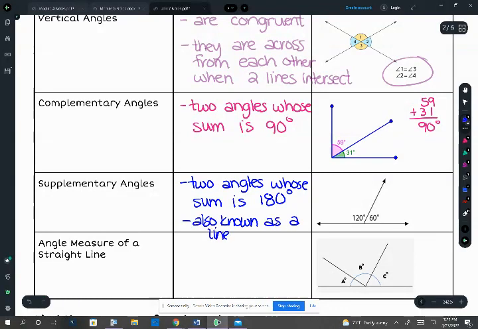So again, you'll notice that 120 plus 60 is 180. And 180 degrees is what the sum of a straight line is always.